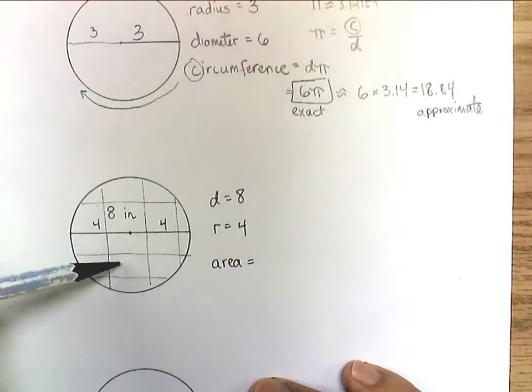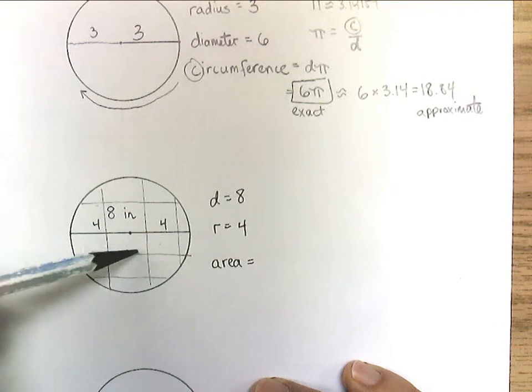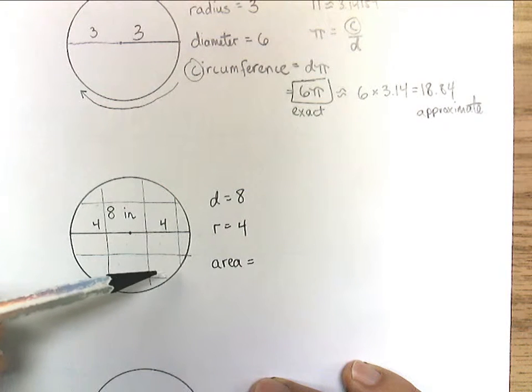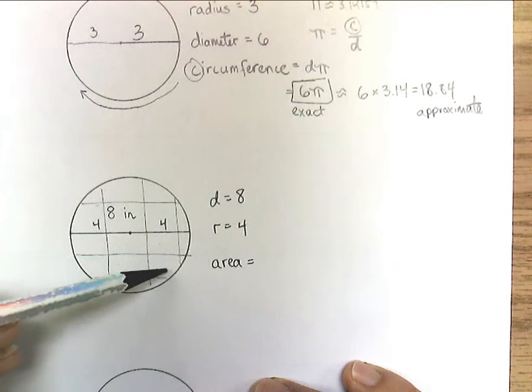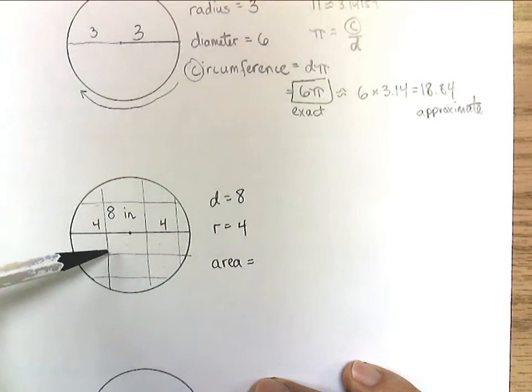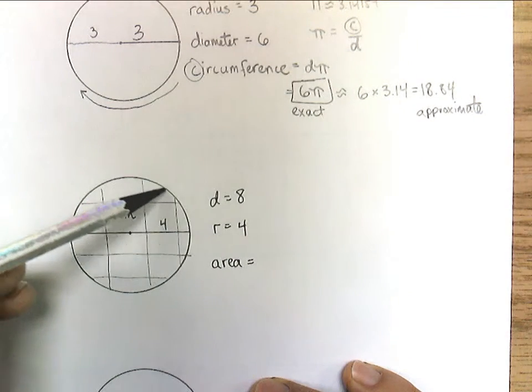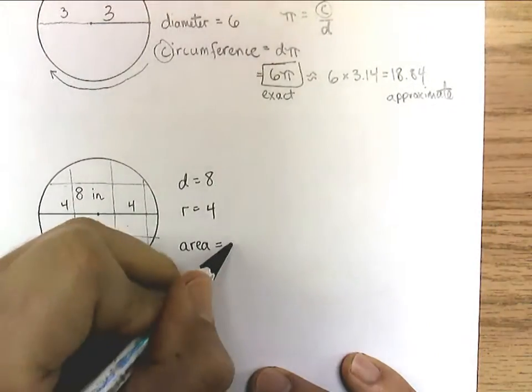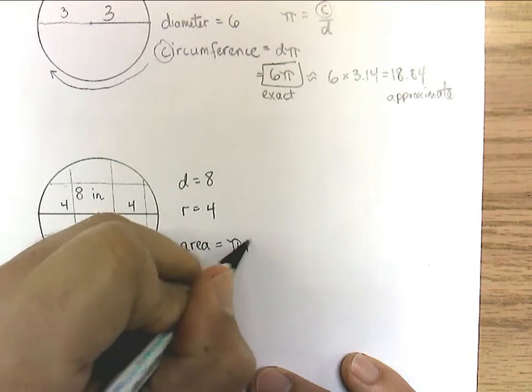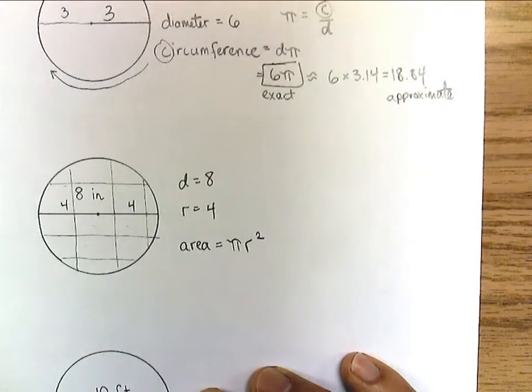And we have complete squares, but we also have partial squares right here. And so this and this would combine to make one complete square and so on. And it's hard to get that exact because the edges are rounded. So we have a formula that will help us with that. And again, here's pi times the radius squared.